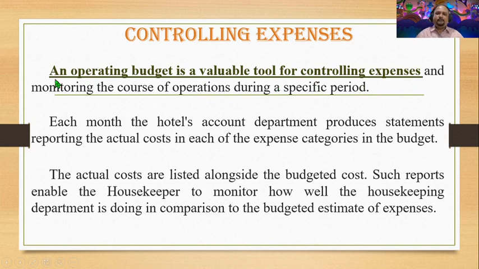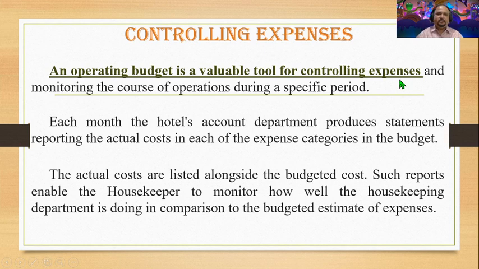This is a very strong statement which all housekeepers must understand as far as controlling expenses of the department is concerned. So please remember, operating budget is the controlling tool of the expenses for the housekeeping department.